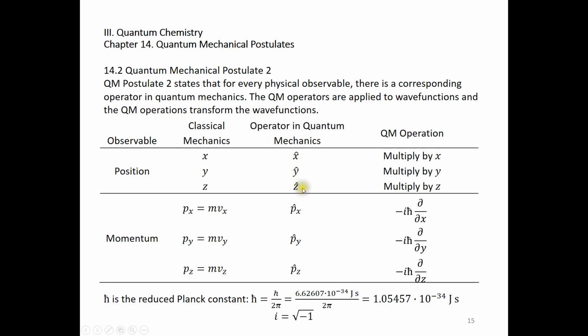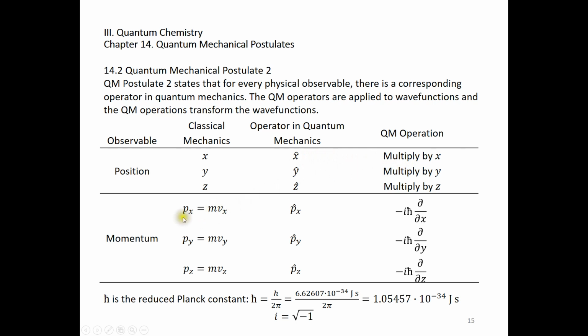When you see a caret, it's an operator. We apply those operators to wave functions, and the corresponding operation is multiplication by x, y, or z. For example, if you apply this x operator to sine x, the result is the product of x and sine x.